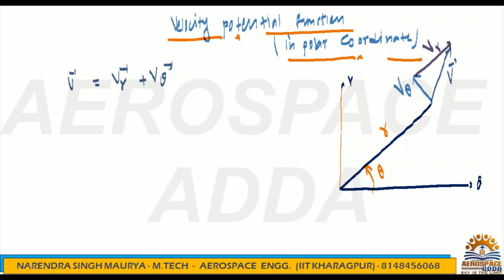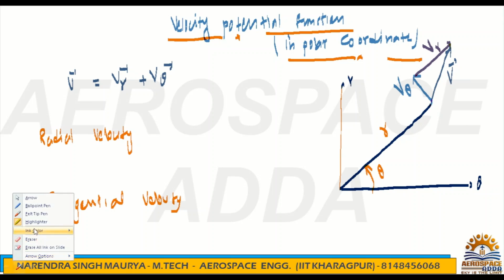Now, what is the VR? VR is nothing but radial velocity, and tangential velocity is V theta.